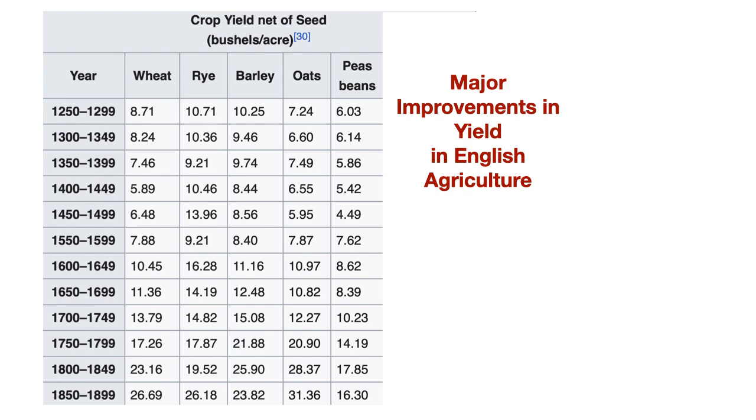And we can really see this in figures, the various issues in the agricultural revolution. So look, we'll just take wheat here on the far left. We have bushels per acre. You can see it actually drops after the Black Plague. We have 8.71 bushels per acre in the late 1200s, and then by the 1400s down to 5.9.